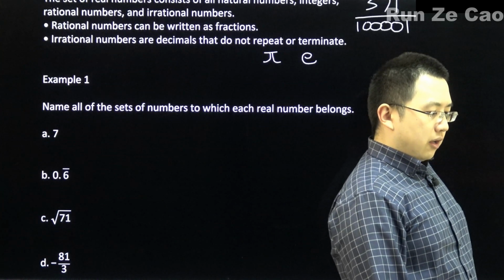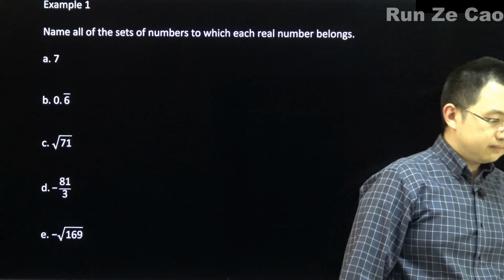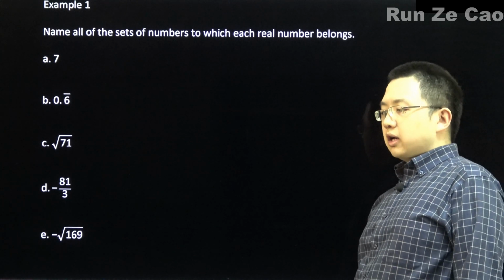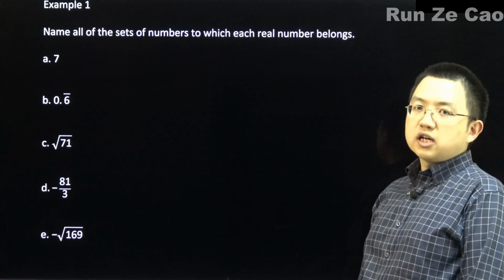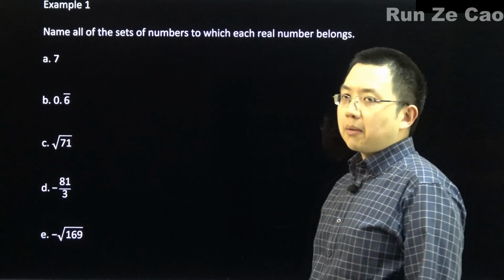Okay, so name all the sets of numbers to which each of these real numbers belong. Now, a number that is not real can be imaginary, such as square root of -1, which is the imaginary number i.